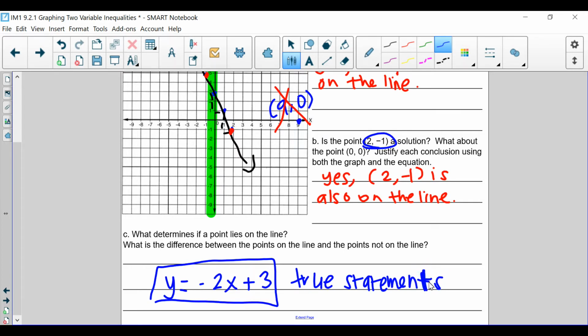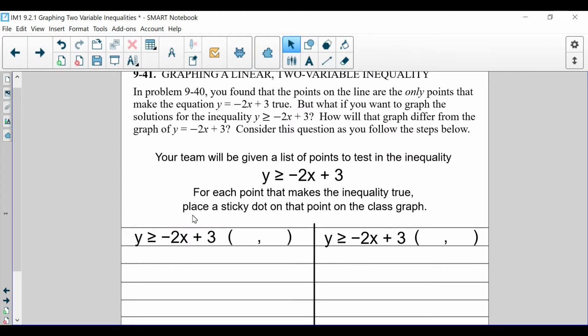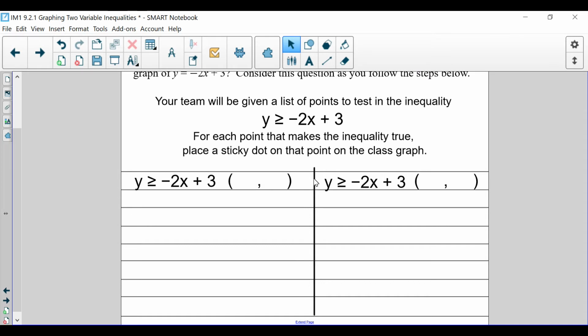All right, so now we're going to do a little bit of an exploration activity. I'm going to have you choose any point you'd like, and I want you to see if it makes the inequality true.